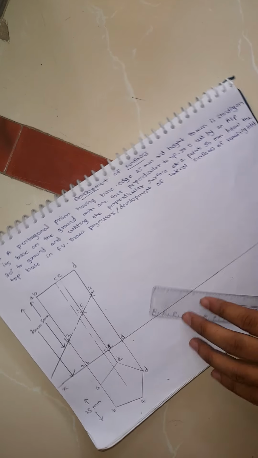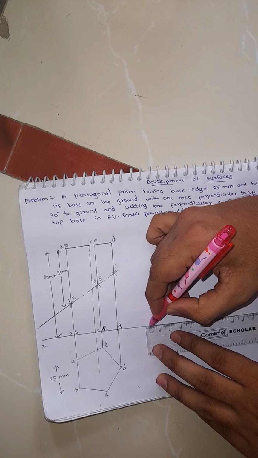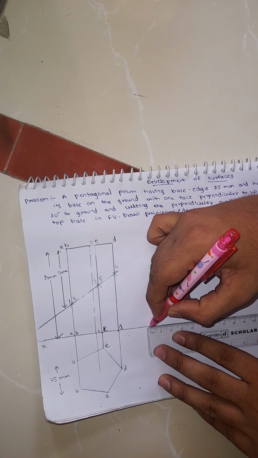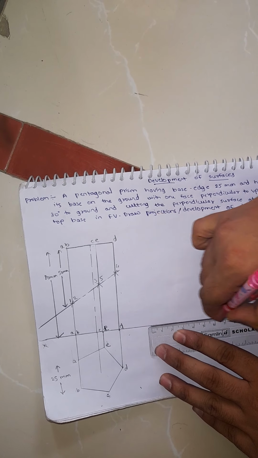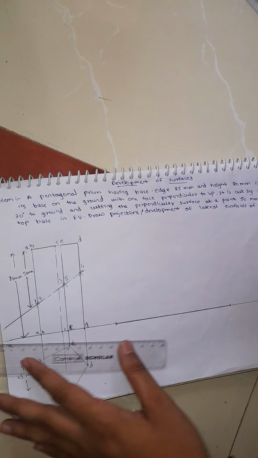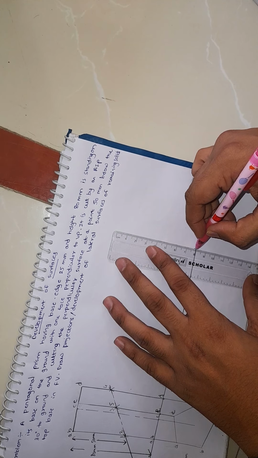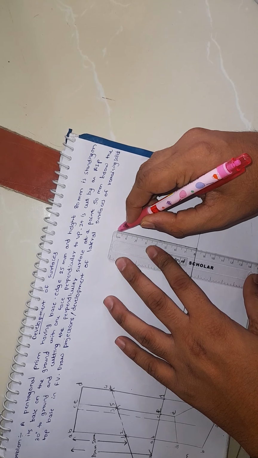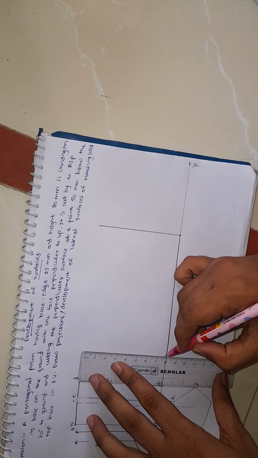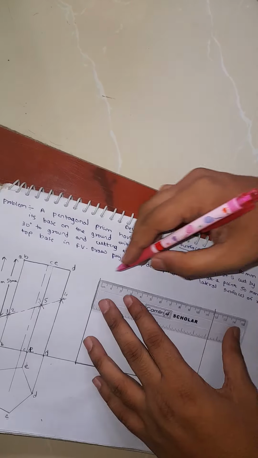So we will draw a 125 development line, and the height remains as it is, that is 80 mm.